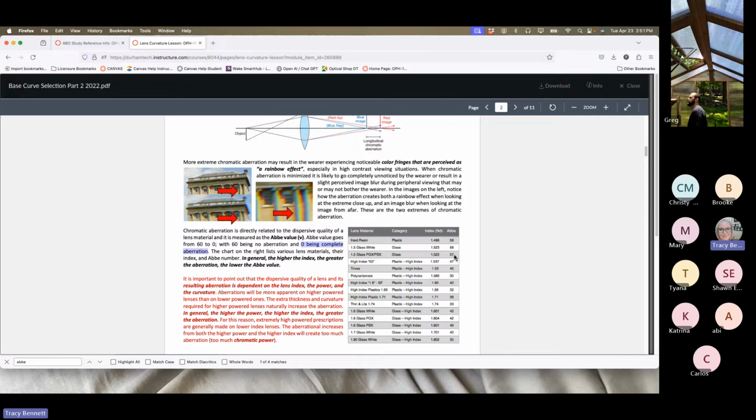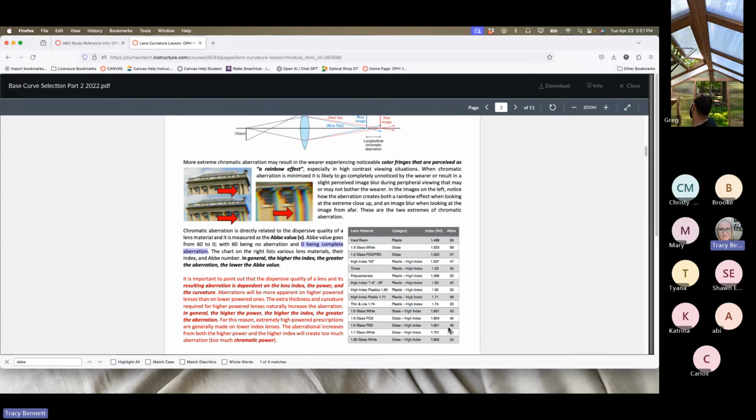So you can see right here these Abbe values, and the top notch, the creme de la creme, the least aberrated are the ones on the top. Then as you move down and as we increase in index, especially in the plastic varieties, that aberration tends to increase as well.